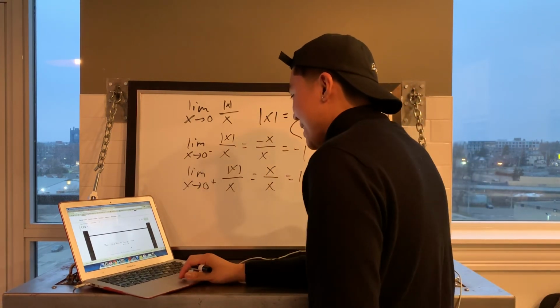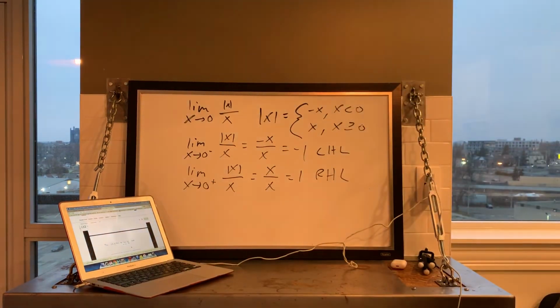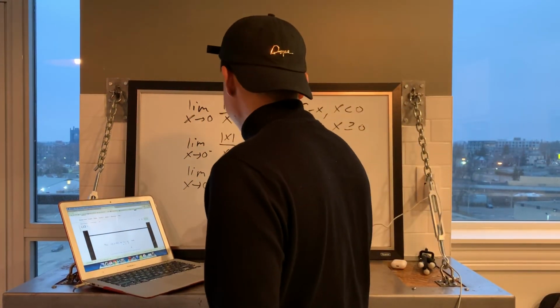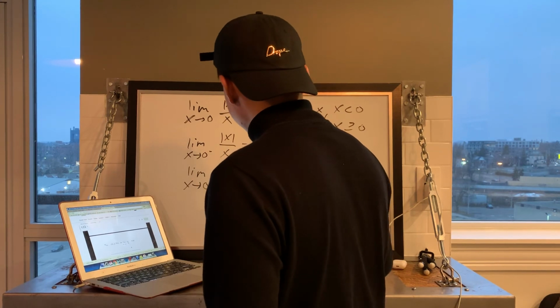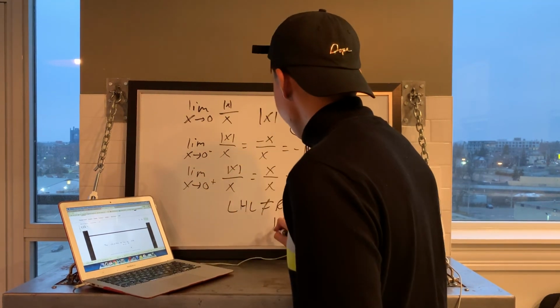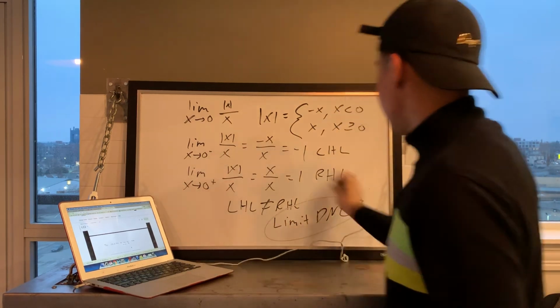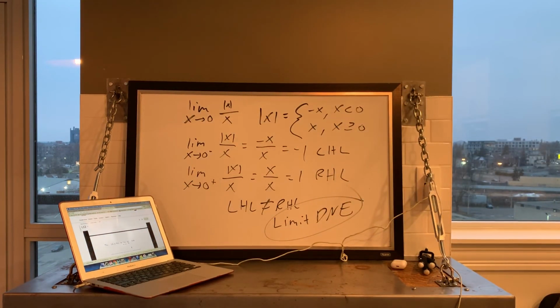Now the thing is, because the left-hand limit does not equal the right-hand limit, the limit does not exist. So indeed the limit DNE, does not exist. Thanks so much for watching this one, guys.